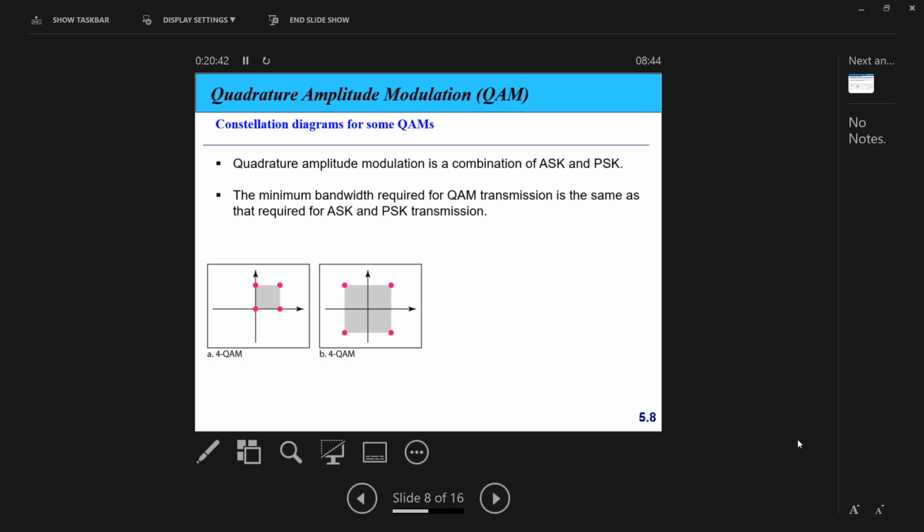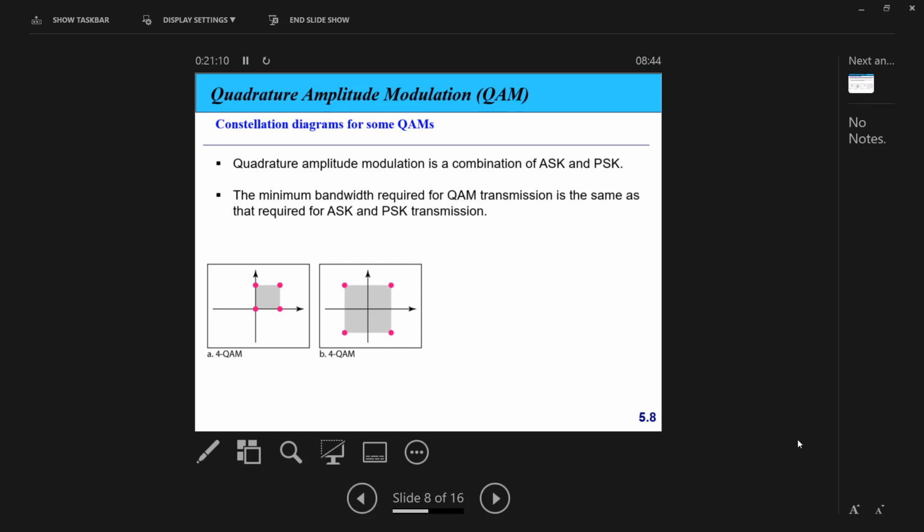And we can have this amplitude different from this amplitude. We can also change the phase, so let's say on phase 0, phase 90, phase 45. So we are controlling the phase and the amplitude, and I have different shapes according to phase and amplitude.